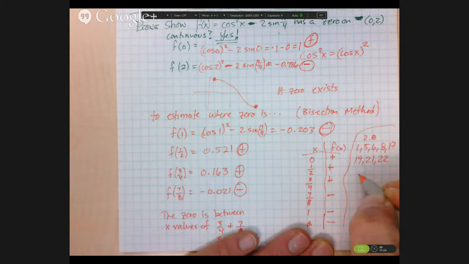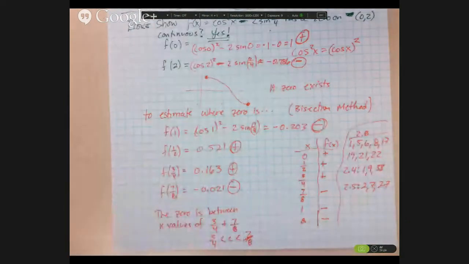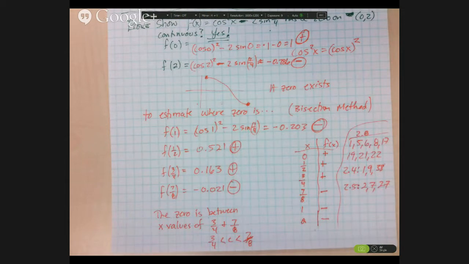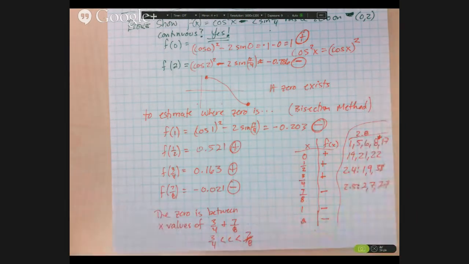And then some spiraling: 2.4, 19, 38. Okay, 1, 5, 6, 8, 38. Put a star on 8. It's the harder one.